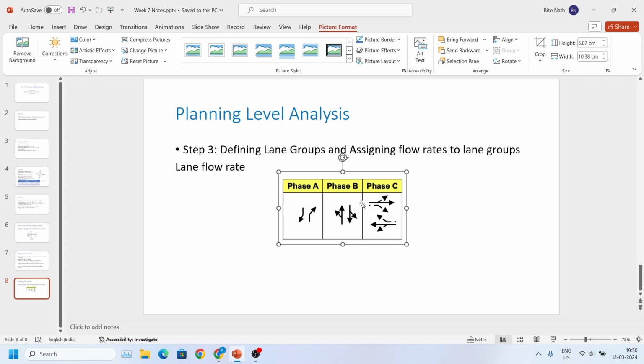Then in this context, you might have some problem related to the ring diagram.